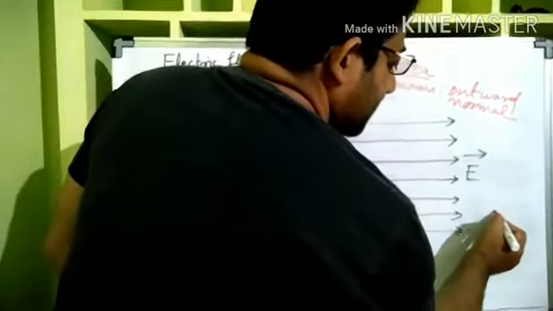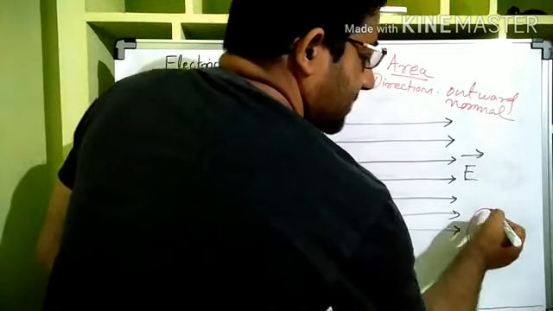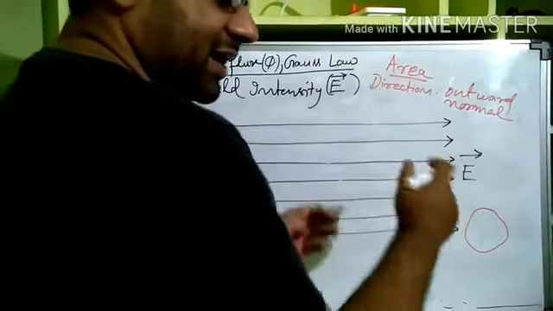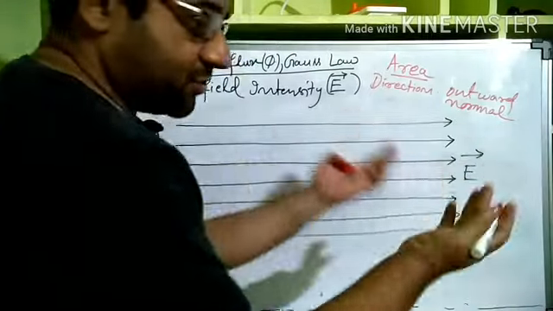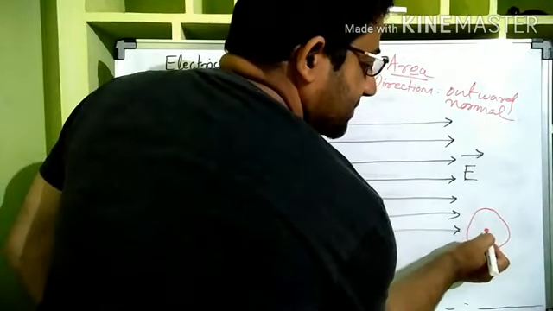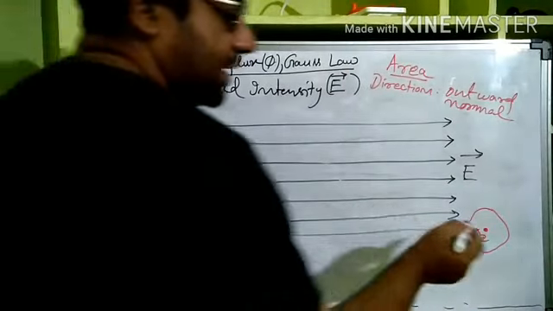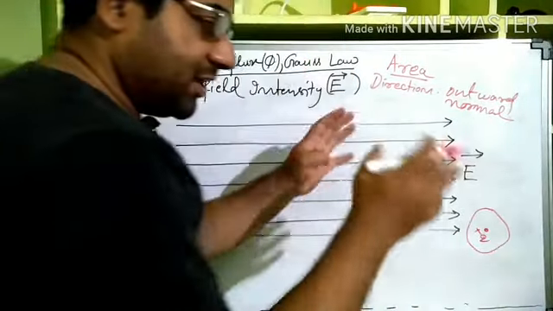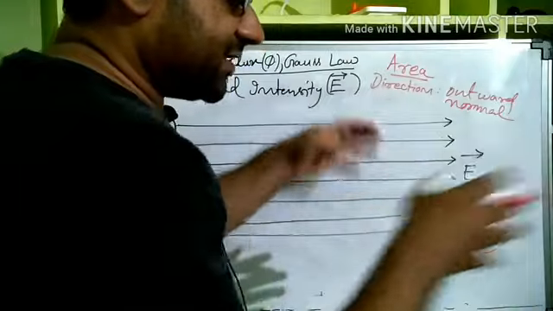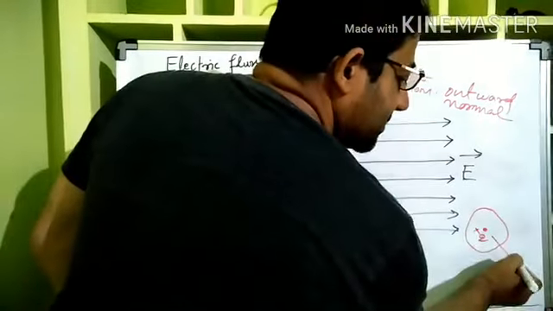Let us say this is a surface. It is in 2D, I am showing it ring-like, but you imagine this is a sphere. Now at the center of the sphere there is a plus q charge. Now from plus q, in 3D, in all the directions, infinite directions, electric field lines will be coming out, yes or no?